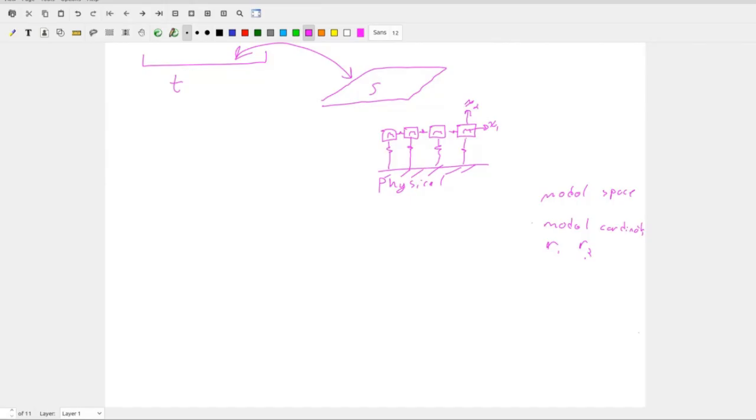But the modal space is going to be, maybe our first mode shape looks something like this, and our second mode shape looks something like this. That makes sense? So we're out of the physical space and into the modal space.